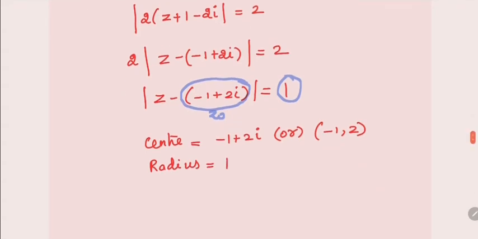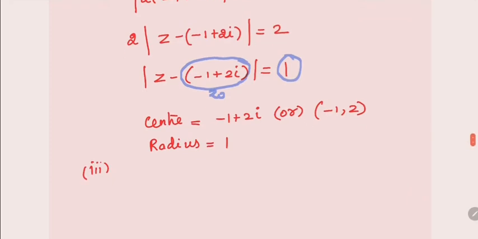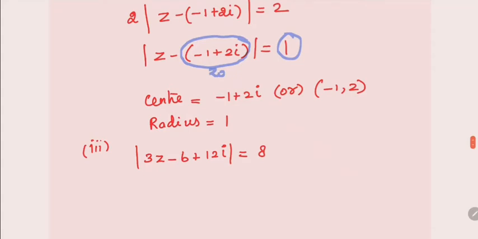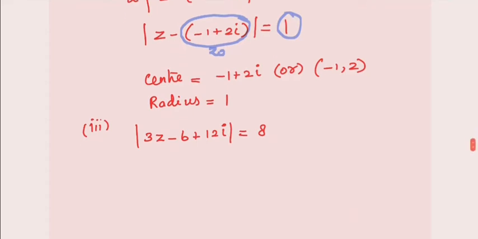Now we are coming to the third subdivision. It is |3z - 6 + 12i| = 8. We have to show that it represents a circle and find its radius and center, so we have to bring it to the standard form.